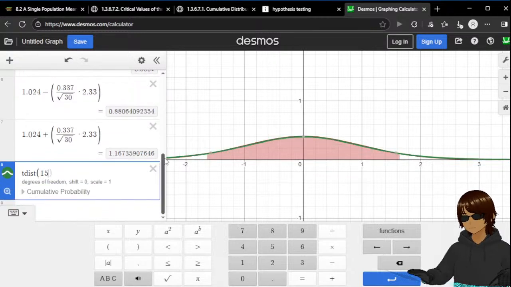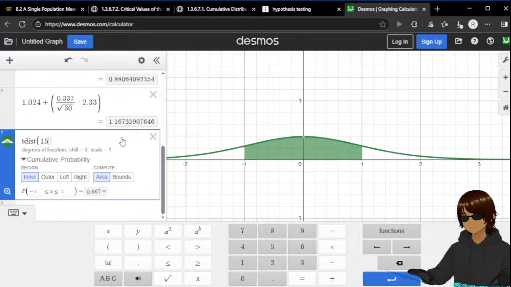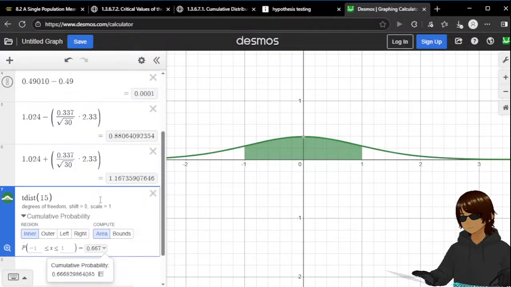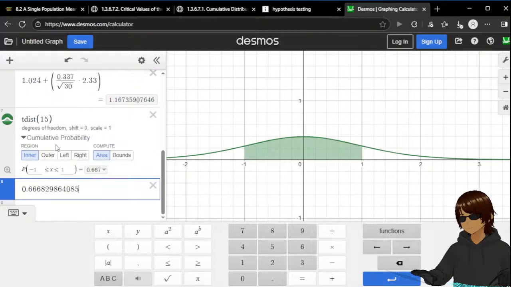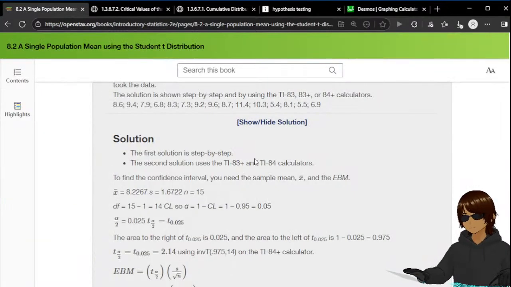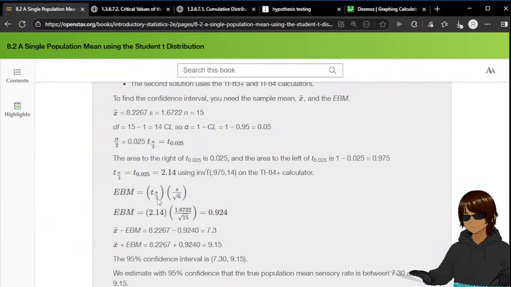Fifteen. 15 degrees of freedom. No, we should write 14, right?